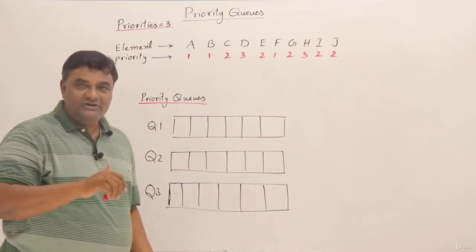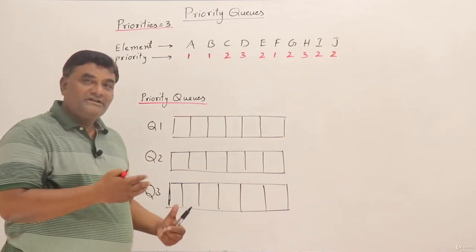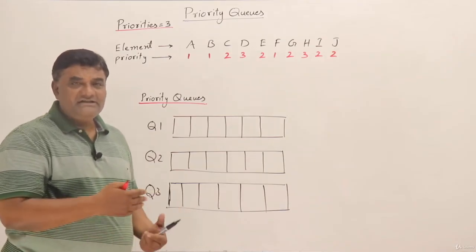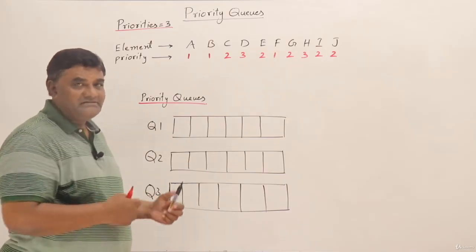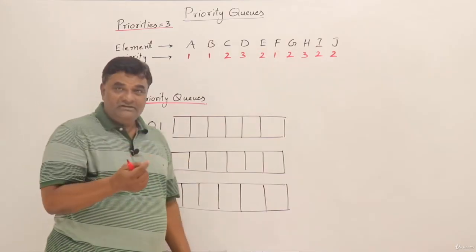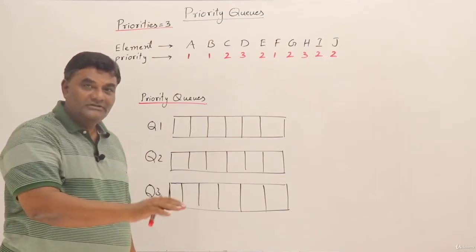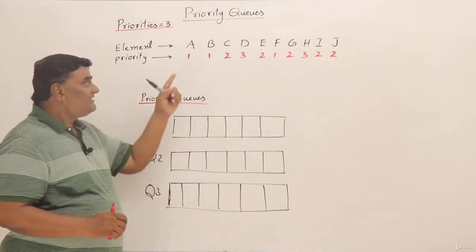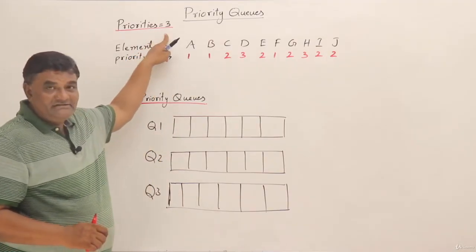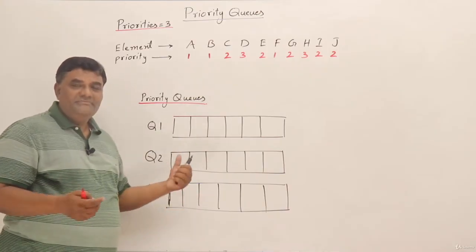You can set it the other way also: 3 means highest priority and 1 means lowest priority, like in Java, 10 is highest priority, 1 is lowest priority. But here in my example, smaller the number, higher the priority. For implementing priority queue, as there are 3 priorities only in the system, I have taken 3 queues. So you have to take 3 queues for implementing this one.